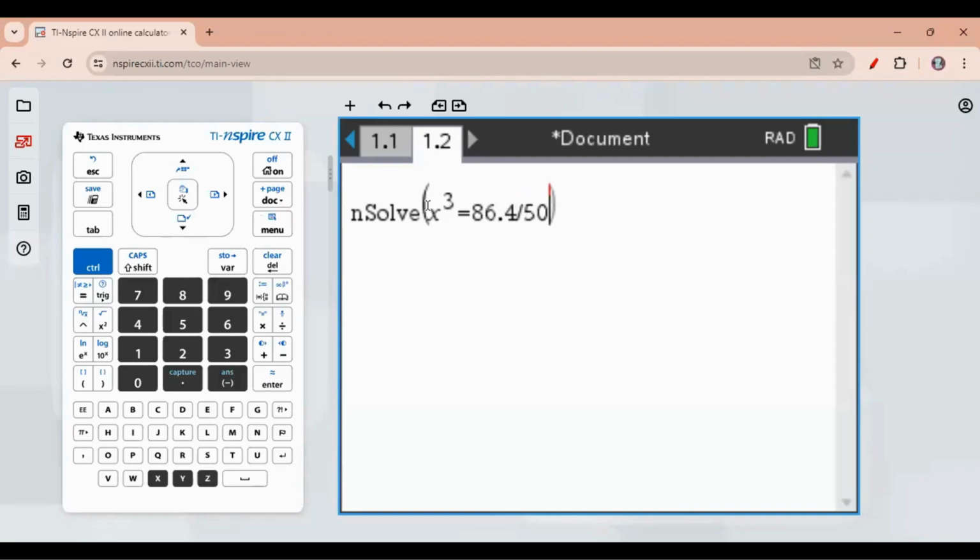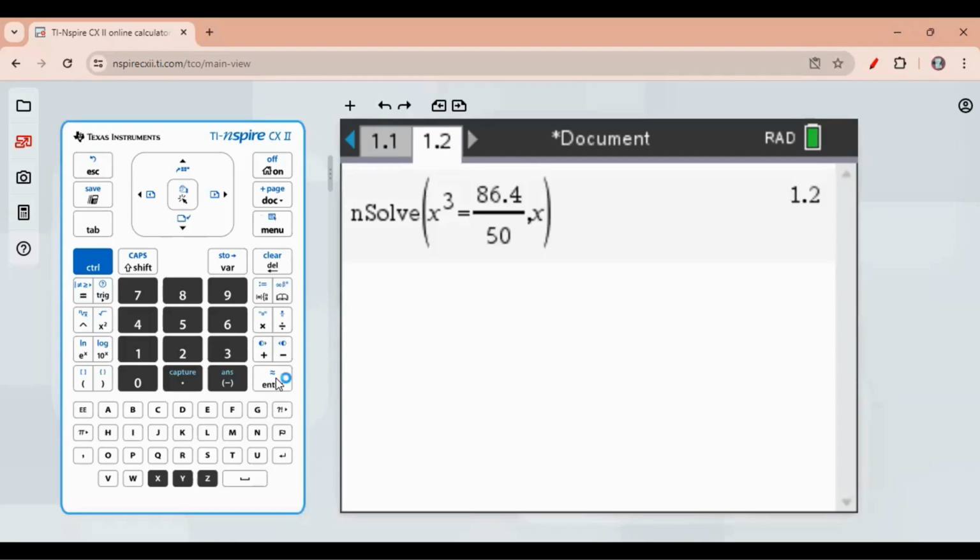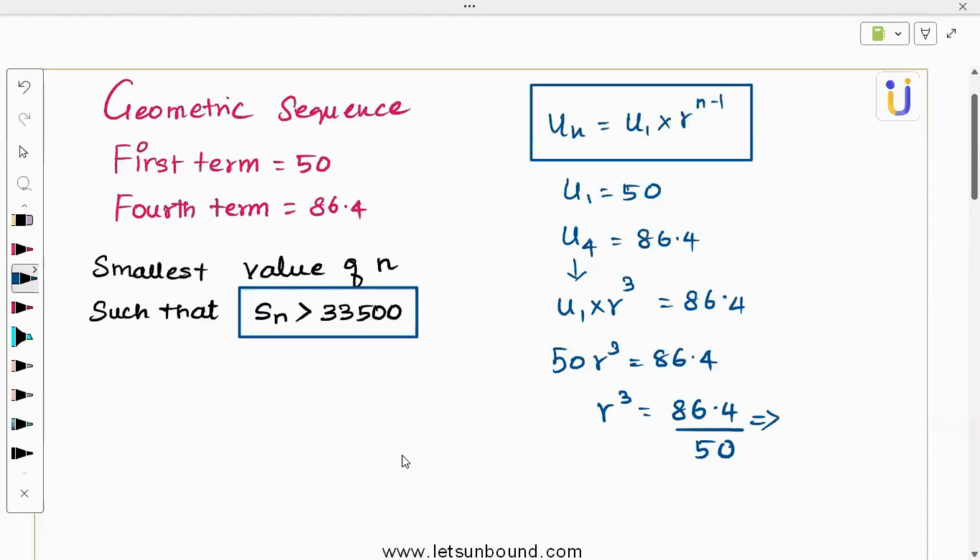Then use a comma, then whatever variable we are solving, it's based on x, so x. That's simple. When you click enter, you will get the answer 1.2. So here I used x, but actually in our problem it's r, right? So getting back to the problem, I got my r value and it is 1.2. This implies r is 1.2.